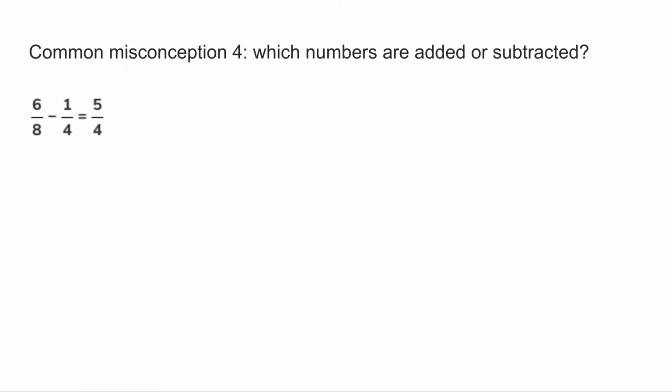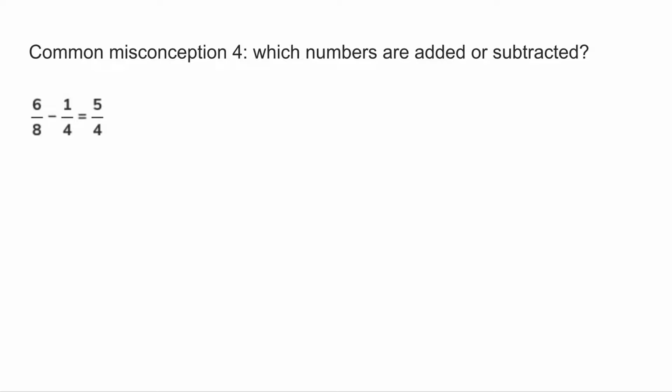Okay. The last misconception is this: which numbers are added or subtracted? If we understand the role of the denominator again, then we are unlikely to run into problems with adding and subtracting fractions.